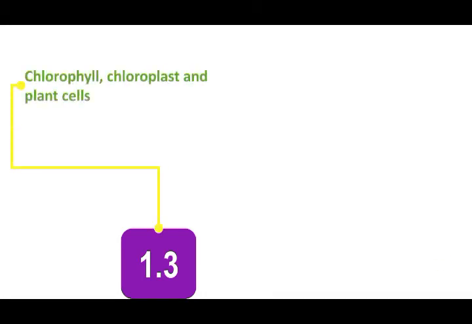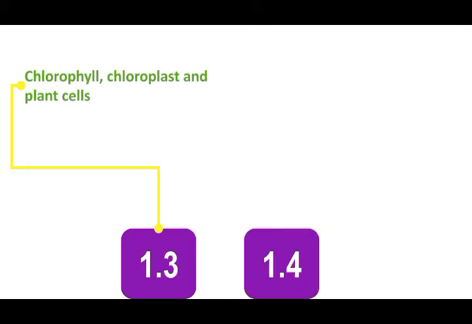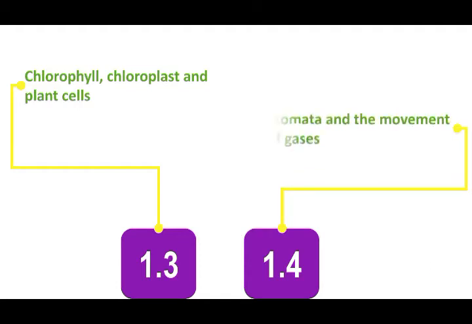It is chapter 1, and it's all about photosynthesis and also plant growth. We are going to talk about 1.3, chlorophyll, chloroplast, and plant cell. 1.4 is about the stomata and the movement of gases.